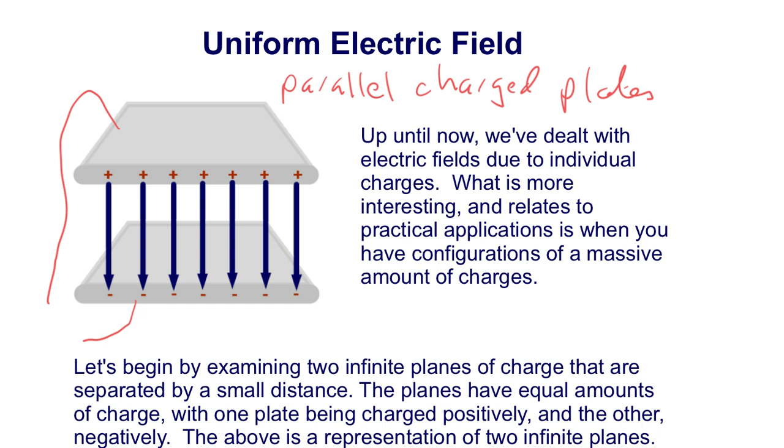So we call this a parallel plate. What's important here is that the electric field is uniform. You see it right here. The density of the lines is the same no matter where you are between the plates.